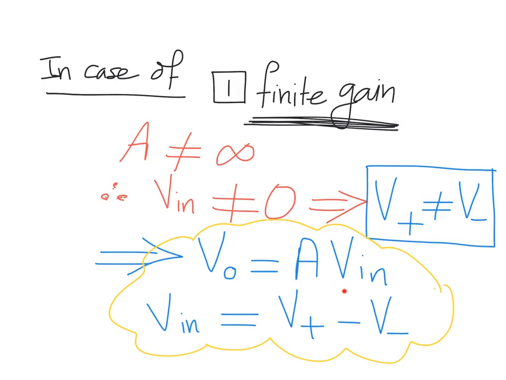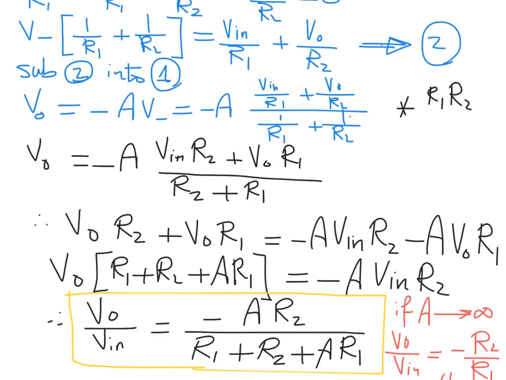We still assume Rin equal to infinite, so infinite input resistance, and Ro equal to 0, meaning zero output resistance. So again, Vo will be A times Vn, and Vn is still V plus minus V minus. Let's go through some examples.